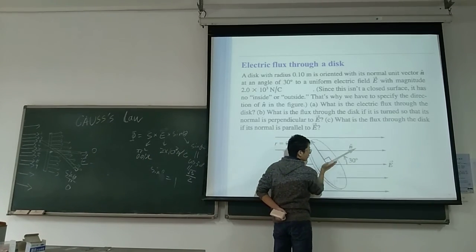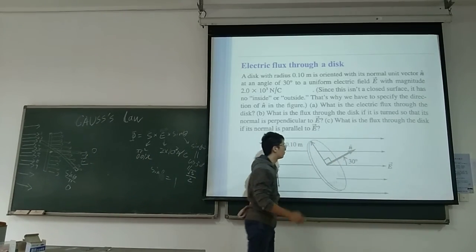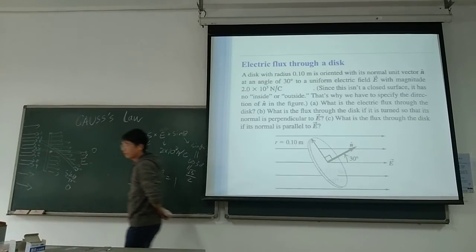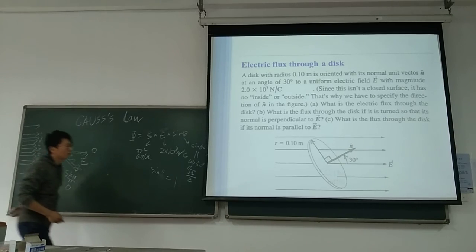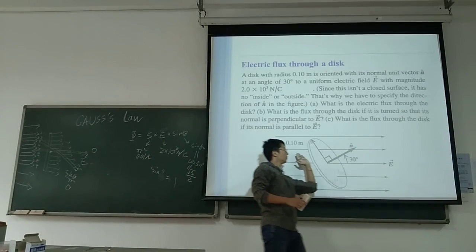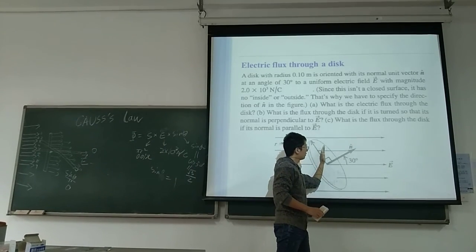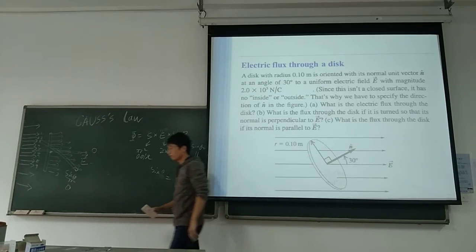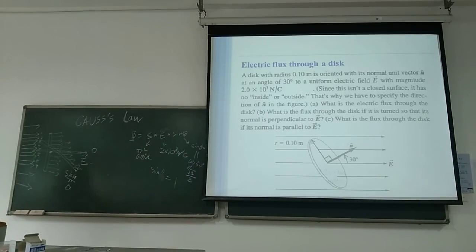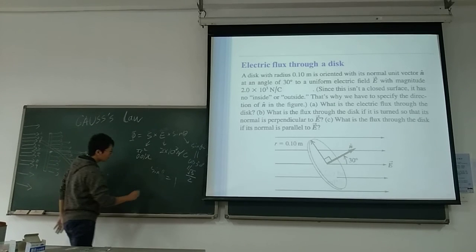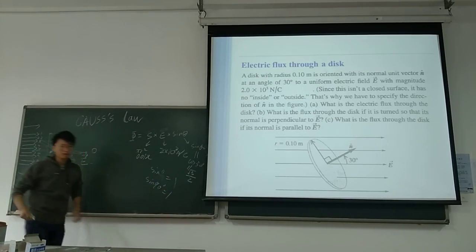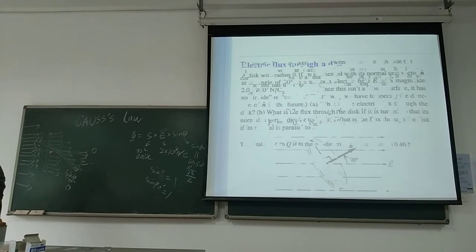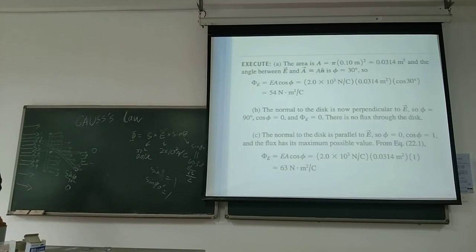Normal means the vector that is vertical to the surface. When its normal is parallel to E, in this case cosine is 90. So in this case the final result is 63.